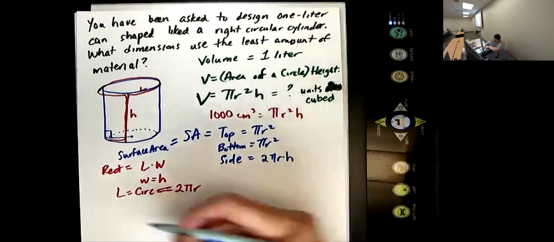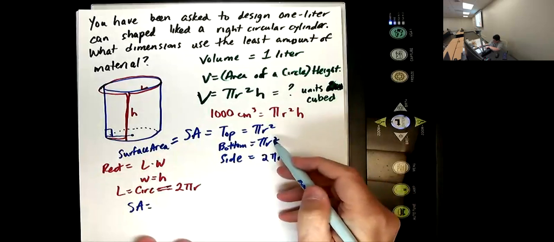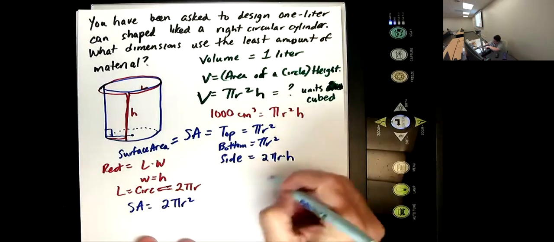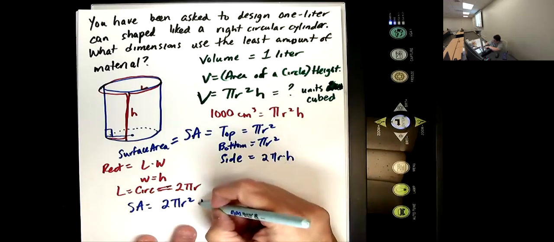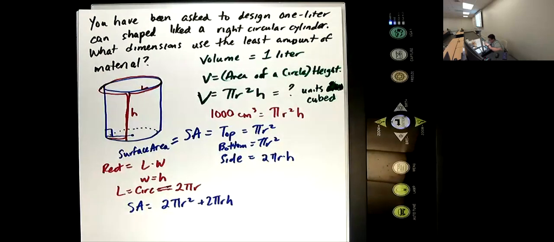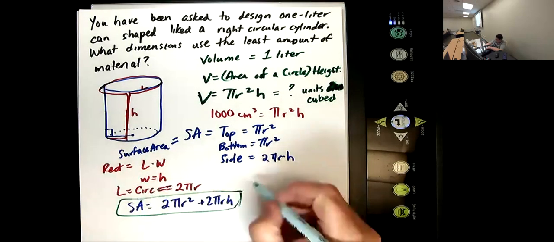So the surface area is pi r squared plus pi r squared, which is 2 pi r squared, plus 2 pi r h. And this is what we want to minimize.